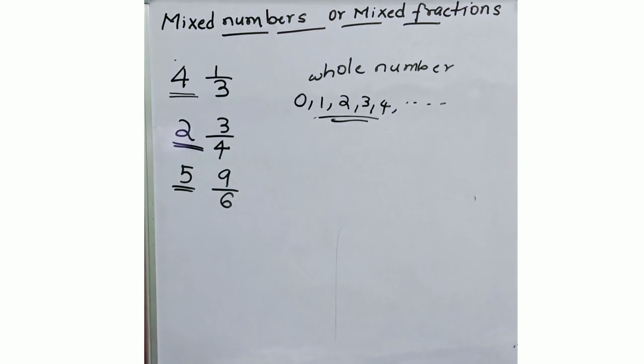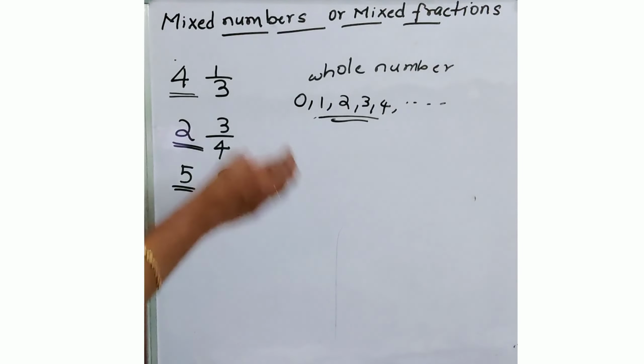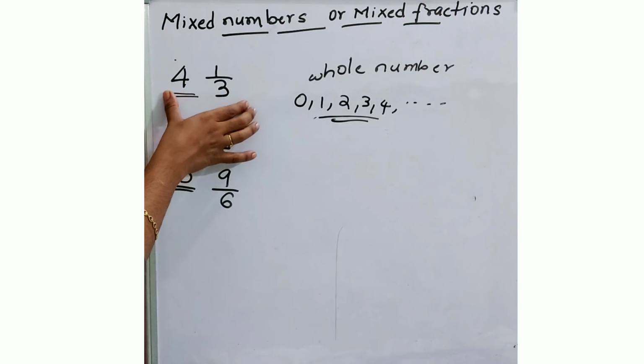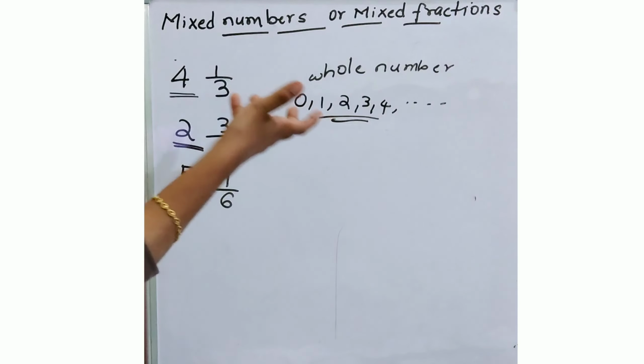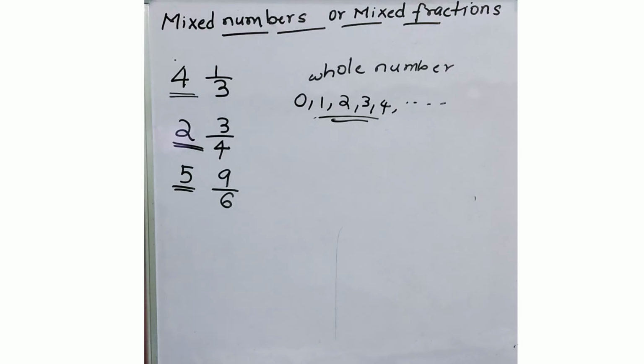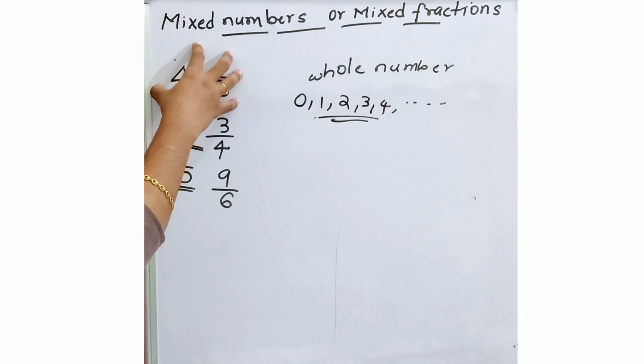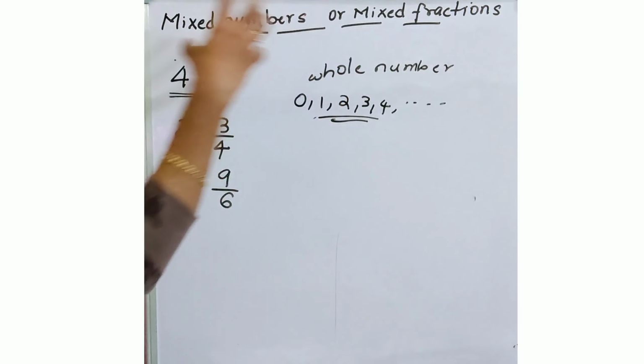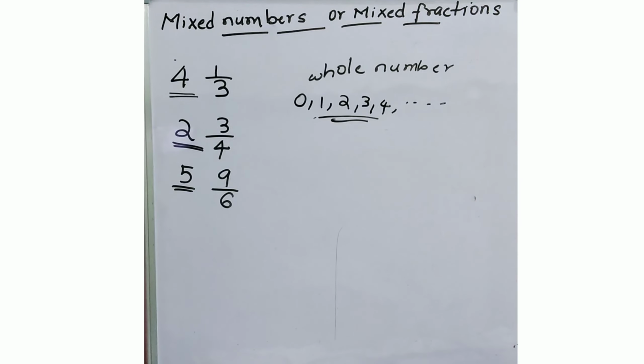Now let's see how you can convert a mixed number into an improper fraction. Improper fraction means the numerator is larger than the denominator.